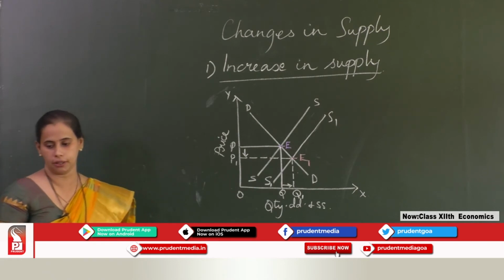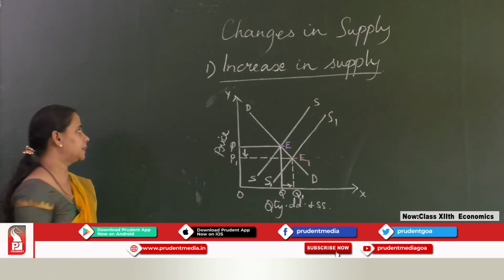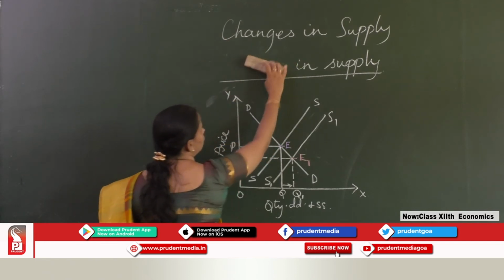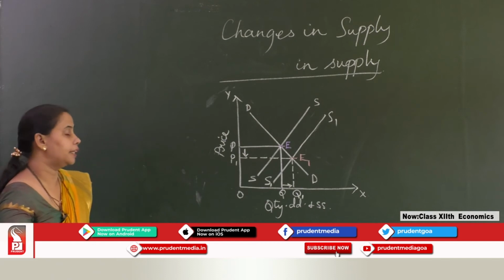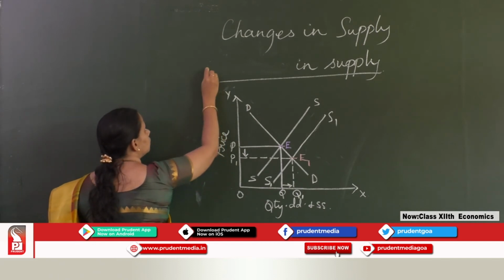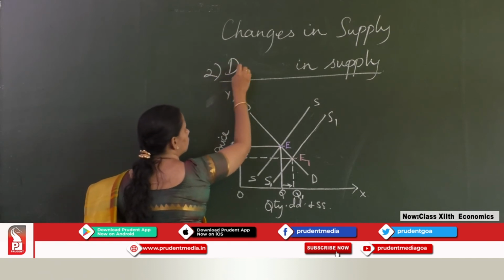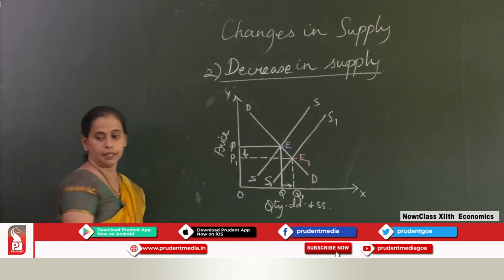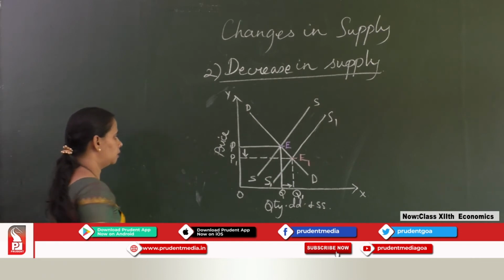The fourth instance that we take is again when there is a change in supply, demand remaining constant, which is a decrease in supply.